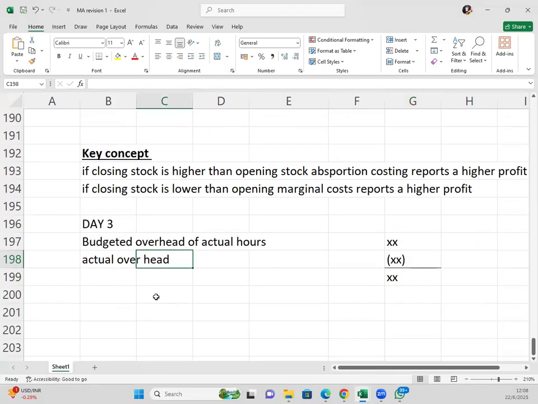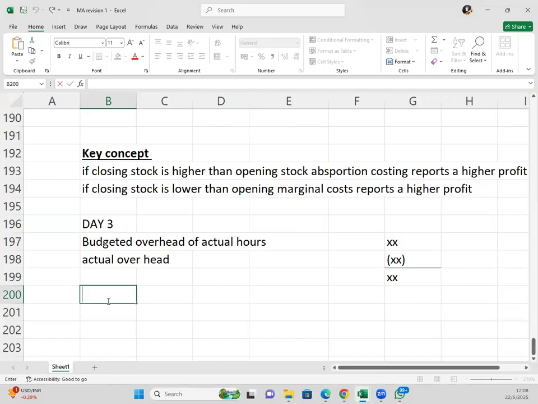Let's move on. If you're looking at the budgeted overhead of actual hours, we are taking the budget, where we said each hour is going to have this amount of overhead.